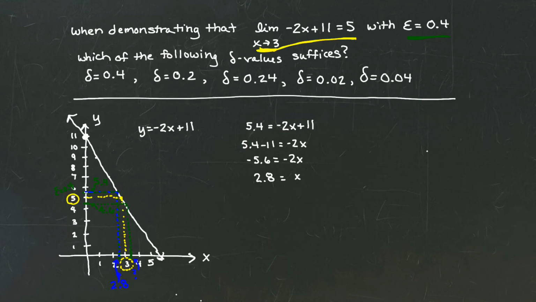Now I'm going to repeat the same process on the other side and find the x value that pertains to 4.6. Because we have a straight line, we should have a similar delta on the right side, but let's check.